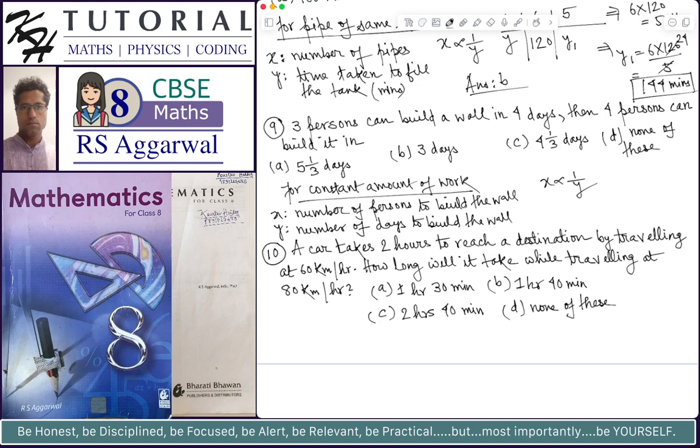So the quantities x and y will be varying inversely with each other.